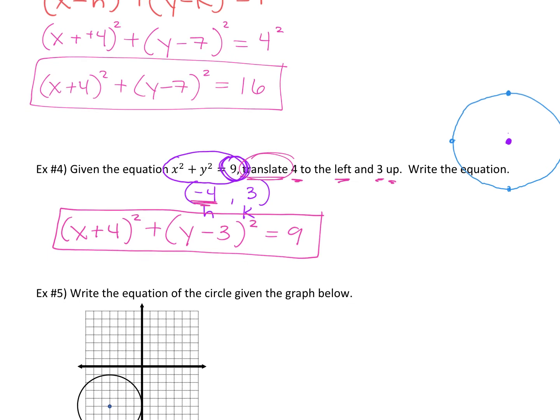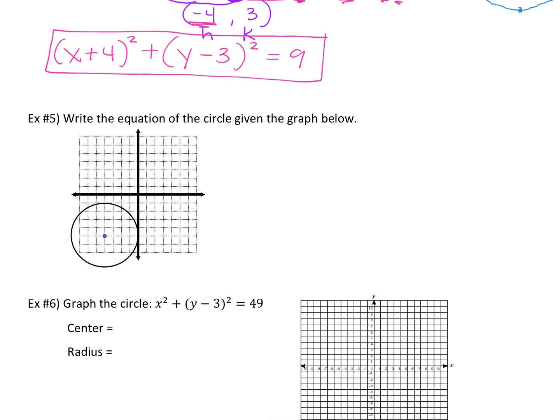Okay. Then it says to write the equation of the circle. What do you need to be able to write an equation of a circle? 2 things. You need HK, you need the center. What else do you need? The radius. Okay, so my center right now, this point is 1, 2, 3, 4, 1, 2, 3, 4, 5.